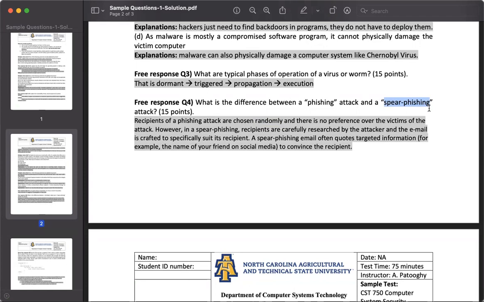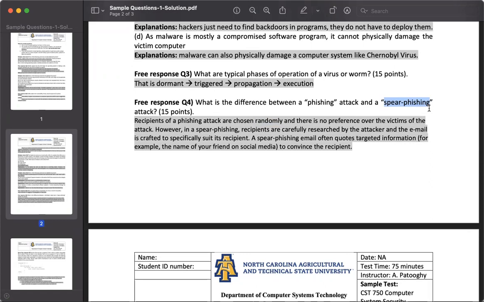compose an email. They create an email that makes very good sense, or maybe a good scenario that fits that person. For example, they say, "Hey, this is an email from, let's say, ITS in North Carolina A&T State University." So since I'm working in A&T, I take that email more seriously.